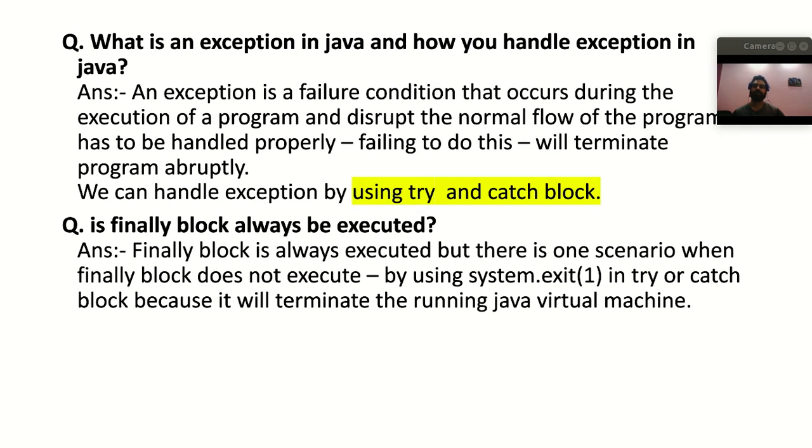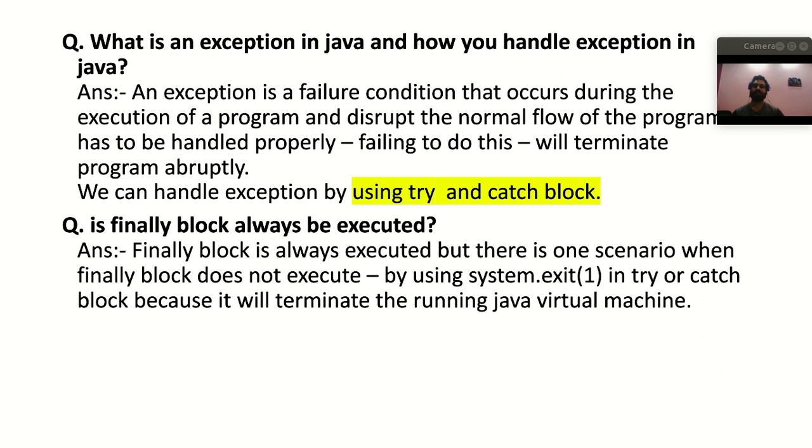So the next question was, what is an exception in Java and how do you handle exceptions in Java? Basically, an exception is a failure condition that occurs during the execution of a program and it disturbs the normal flow of the program. Let's say you have a program of 10 lines and it is executing, and due to some condition in the program, the execution is getting disrupted or the normal flow of the program is getting disturbed, then an exception will be thrown by the JVM.